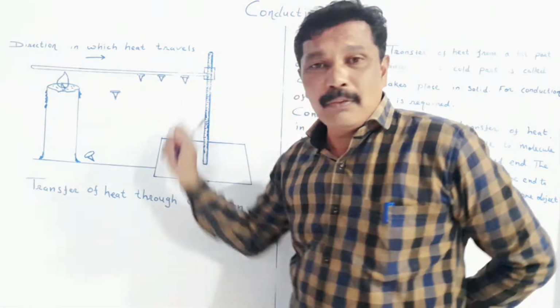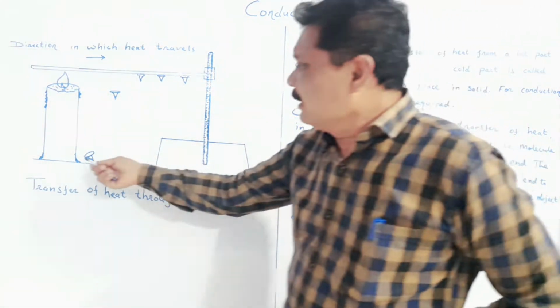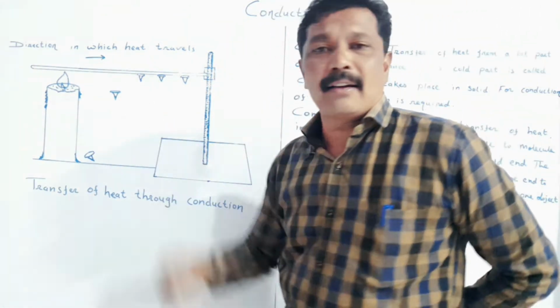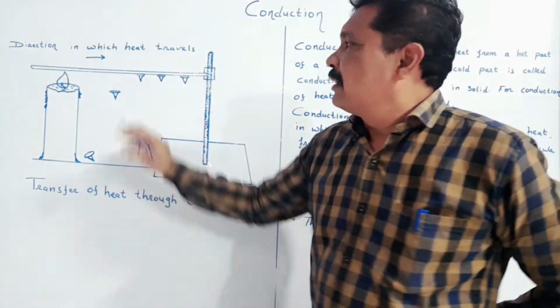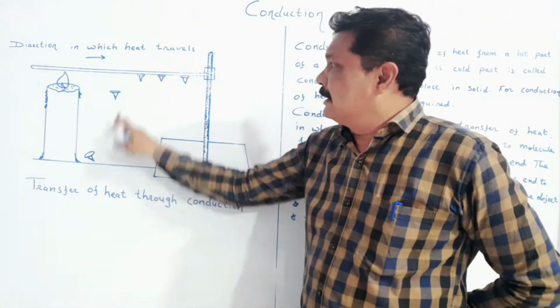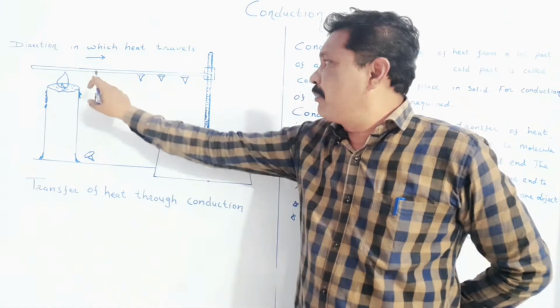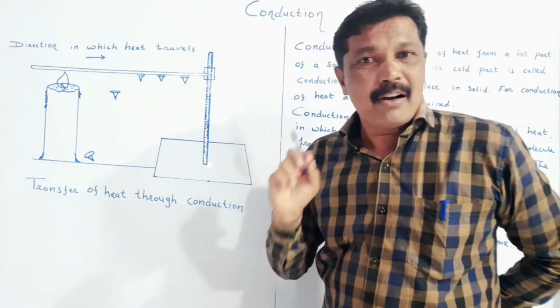The heat started flowing from the hot end to the cold end. When this heat reached the thumbtack closest to the hot end, and you know, my dear student, I already told you that these thumbtacks were fixed to the iron rod with the help of wax.